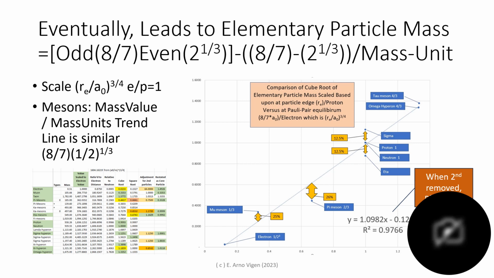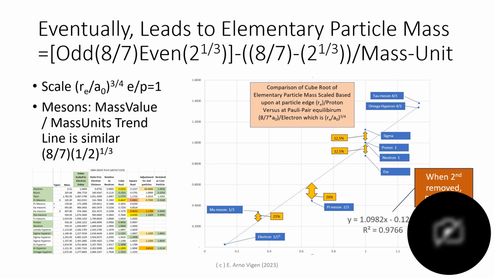If I take the mass of elementary particles for mesons and I chart them when scaled to R sub e over A sub o to the 3/4, again, that is the fine structure constant alpha to the 3/2, or this is the scaling for an A sub o versus an R sub e, which is what we were doing in the beginning.